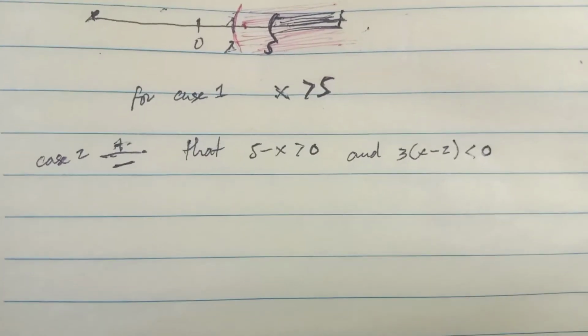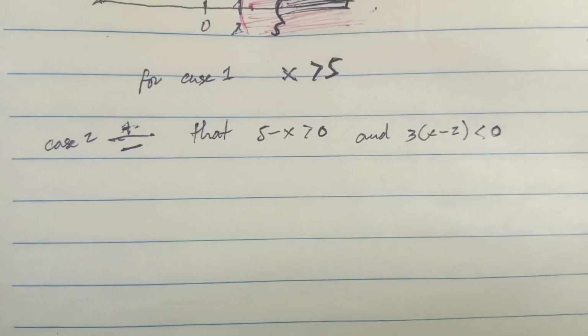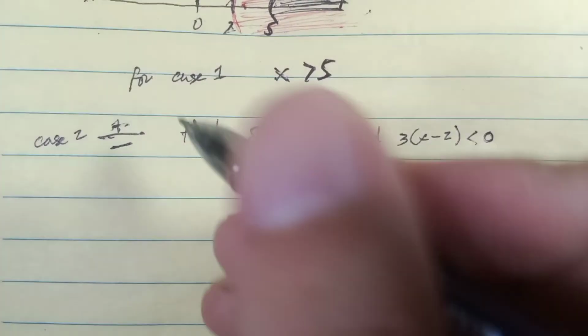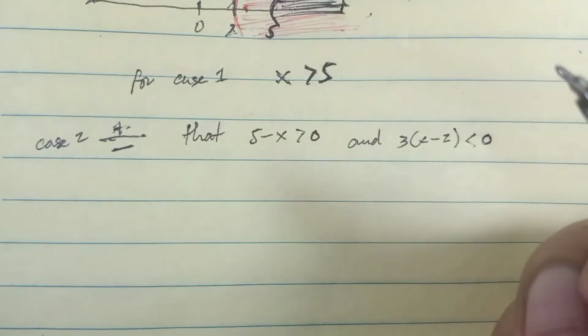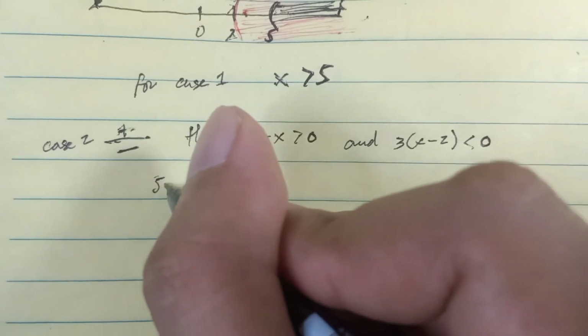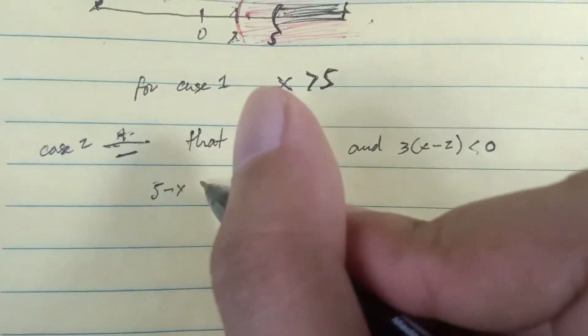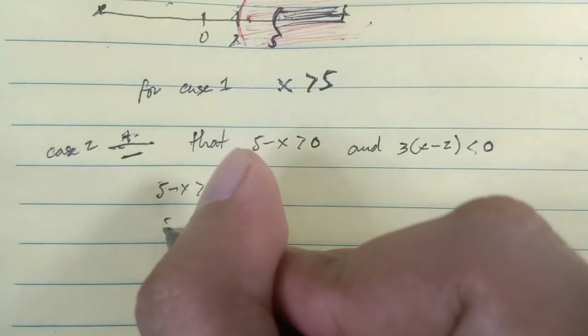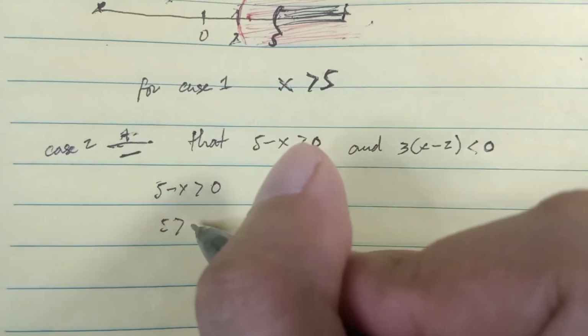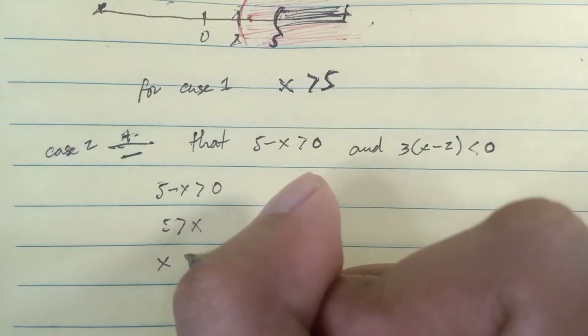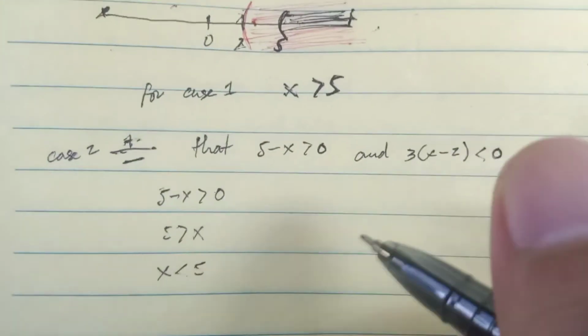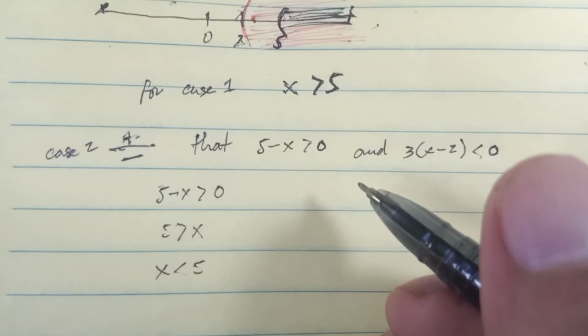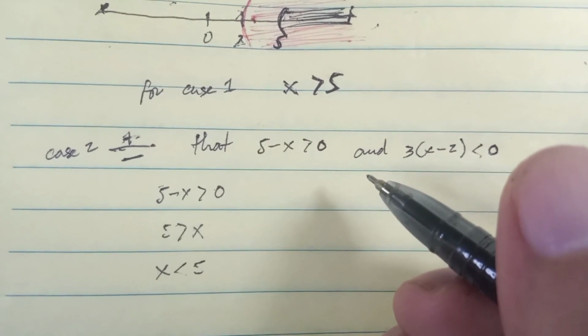Let us solve those inequalities. 5 minus x is greater than 0. We have 5 is greater than x, so x is lesser than 5.